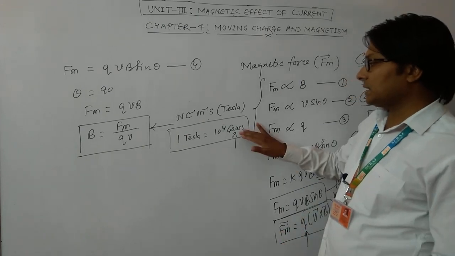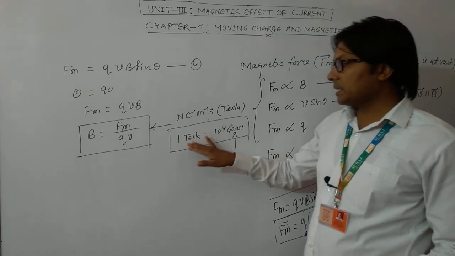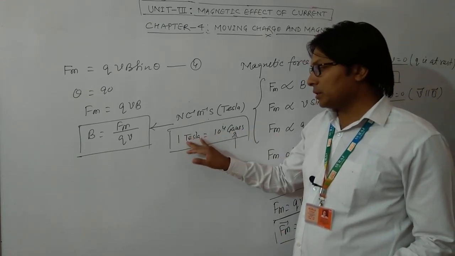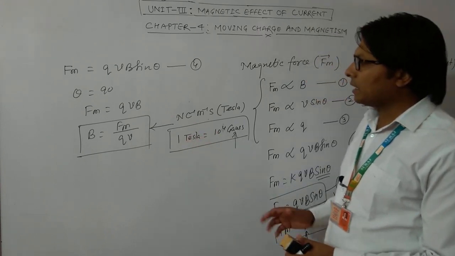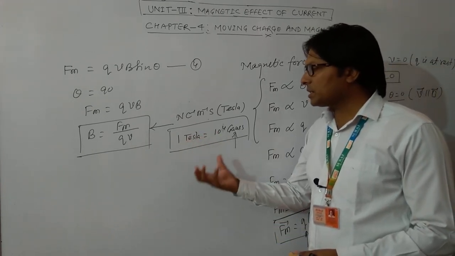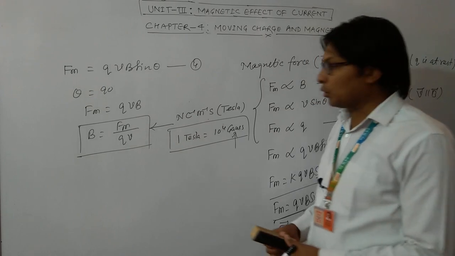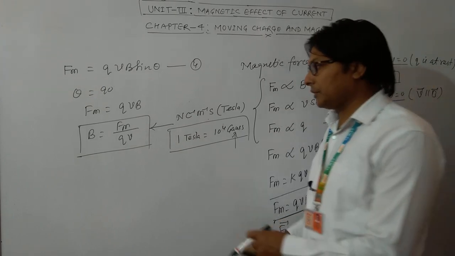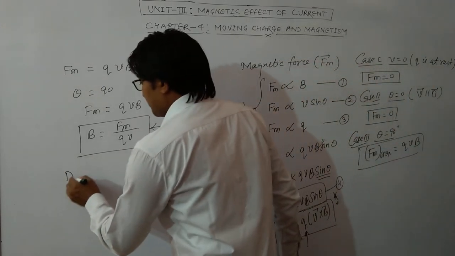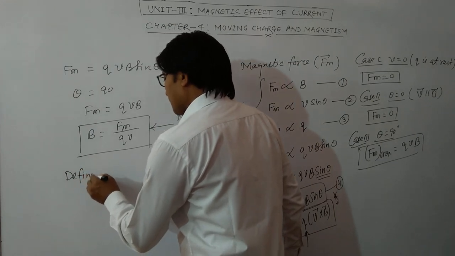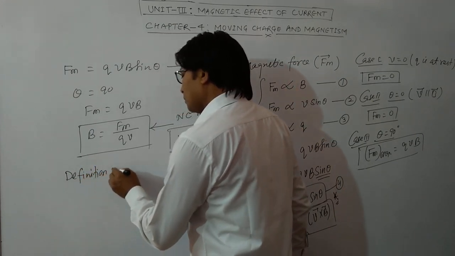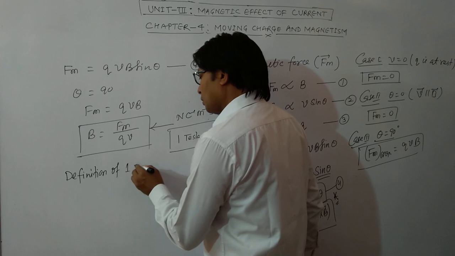So this is the CGS unit of magnetic field, and this is the SI unit of magnetic field. Now we will define how much 1 Tesla is, or how 1 Tesla can be defined. So, the definition of the unit Tesla, or 1 Tesla.